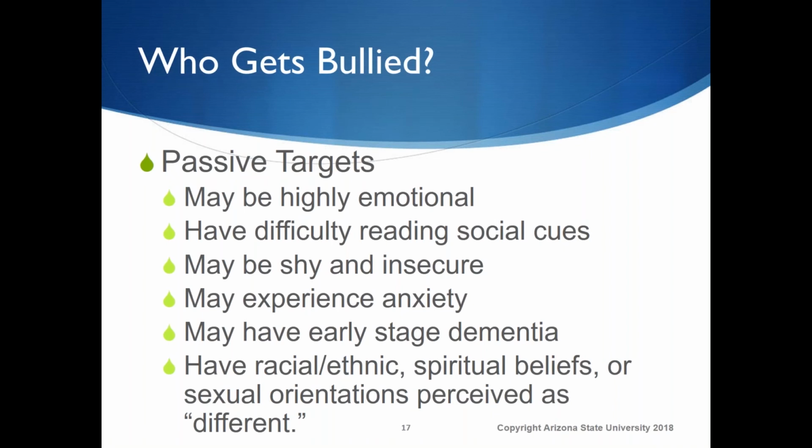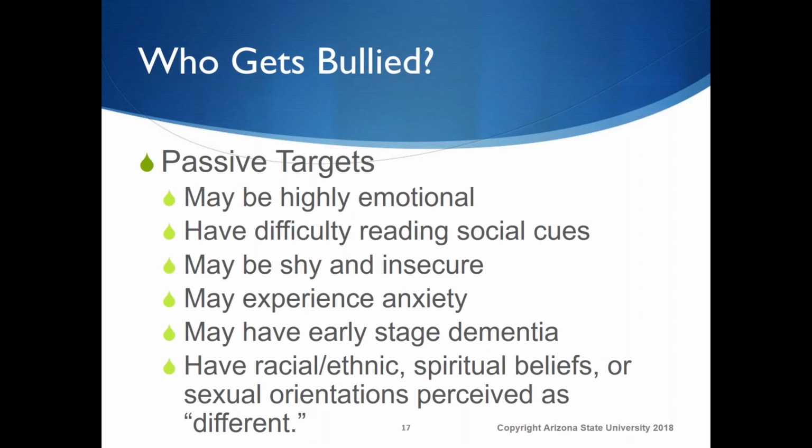So they may experience anxiety, and if dementia is present, it's quite early stages. And then I think one of the things that's most concerning and most important for us to be aware of, because people who bully tend to have a low tolerance for difference, are folks who are racially or ethnically different from the overall population of the organization, or who have different spiritual beliefs, people who are lesbian, gay, transgender, bisexual.